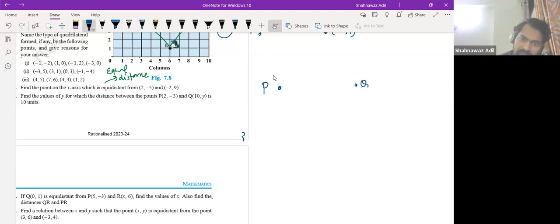The coordinate of P is this, the coordinate of Q is this. And what do we know? We know the distance between these two points. What is that? 10 units. So you know x1, you know y1, you know x2, you know y2.